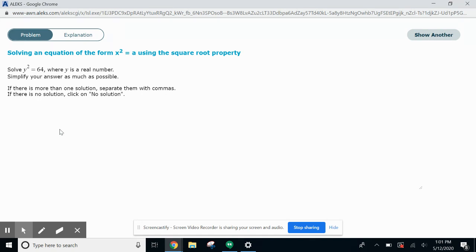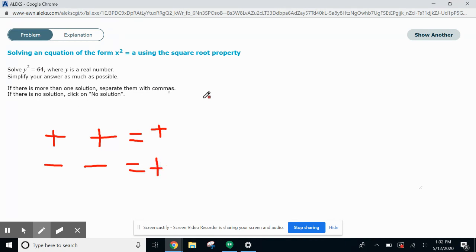But technically, the square root of a number could be two numbers, because a negative times a negative makes a positive, and a positive times a positive makes a positive. If we have a positive times a positive, we get a positive answer. If we have a negative times a negative, we're also going to get a positive.